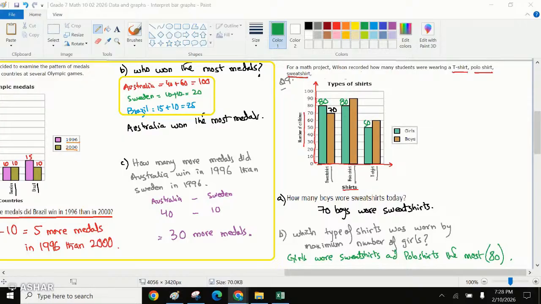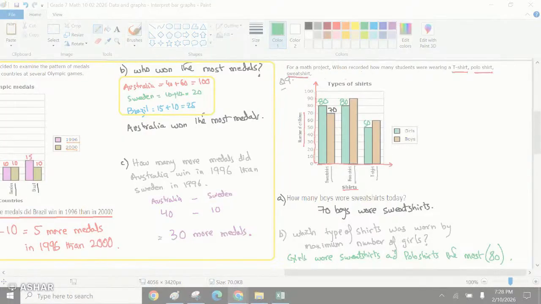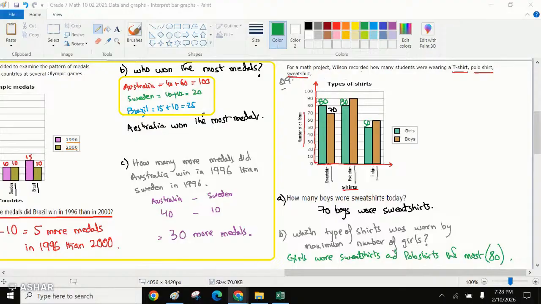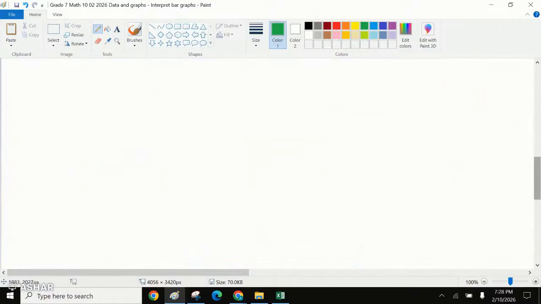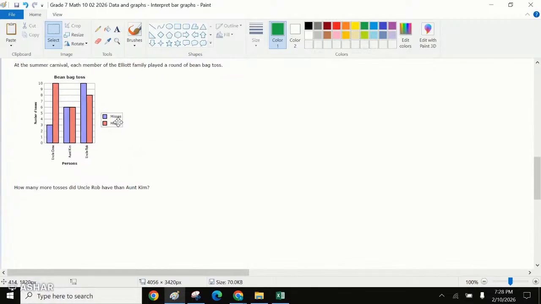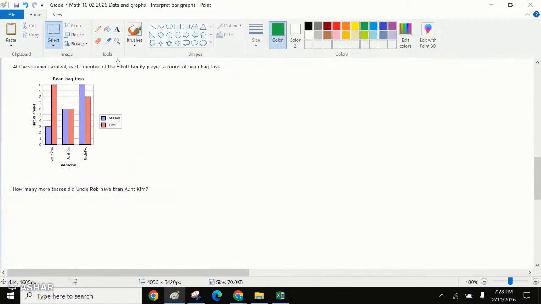Okay, let's move ahead. Let's do a few more examples. We have a summer carnival in the next question. Okay, let's see what we can do in question number 10. The question number 10 says, just a moment, please.